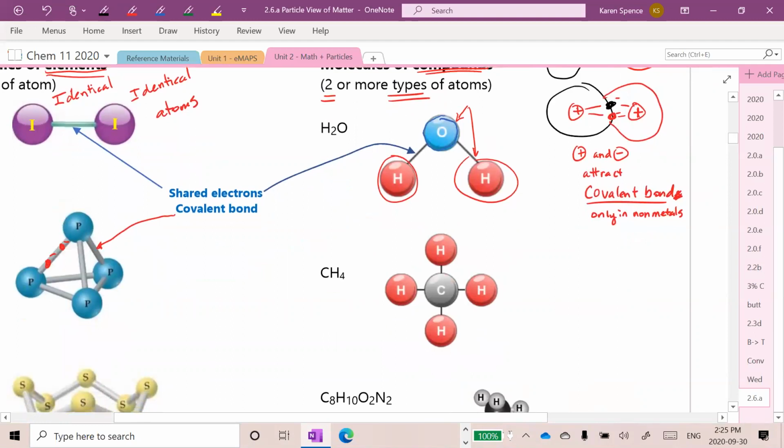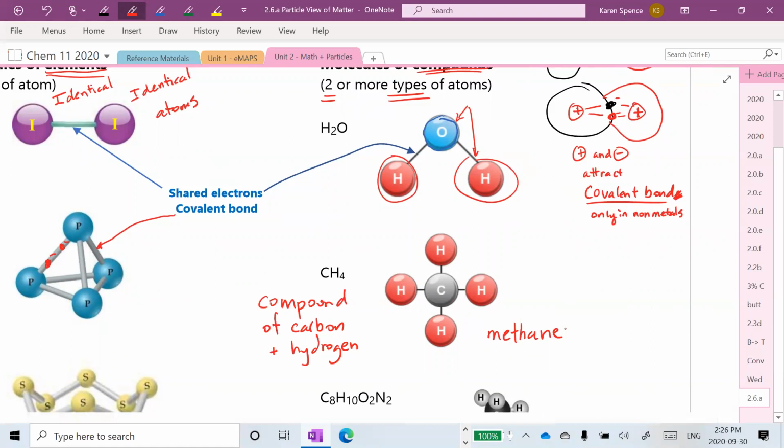This is a compound of carbon and hydrogen. This is methane actually, CH4, methane. And just while we're here, we might as well take note of these little numbers down at the bottom.